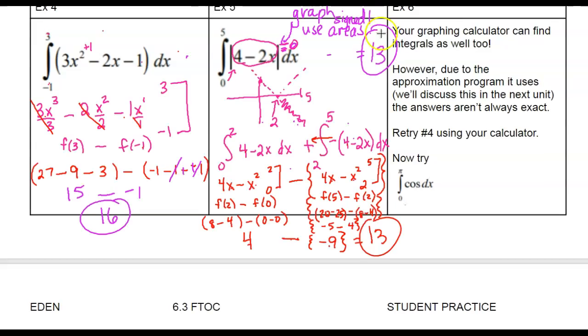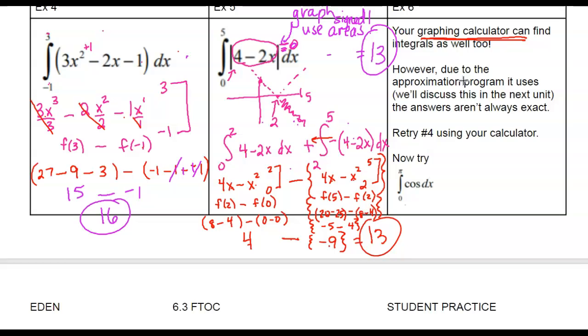Okay, let's look at example number 6. On number 6, I'm getting a graphing calculator, but when you go to do your integrals, we can use a graphing calculator. So I do want you to know how to do this so you can check your answers, okay? When you graph it on your calculator, you'll do it just like your derivative, but you'll use number 7 instead of number 6.